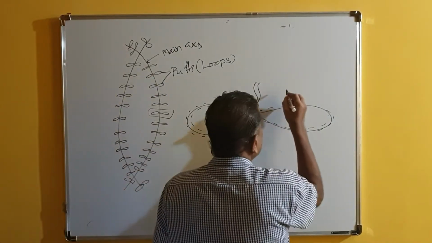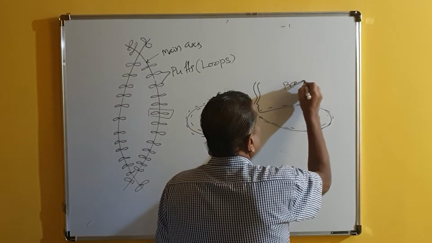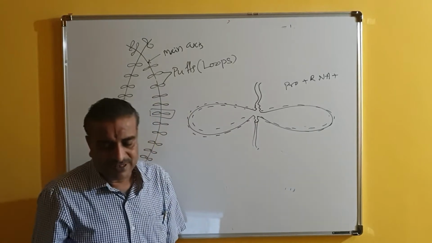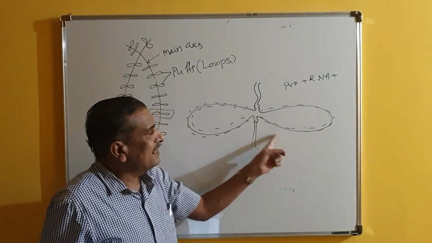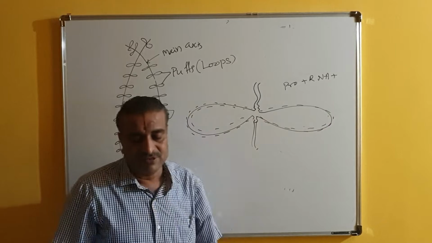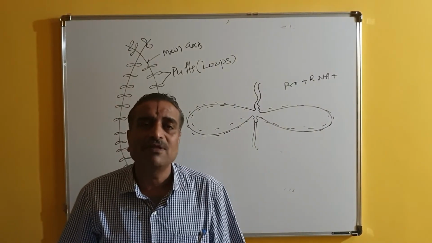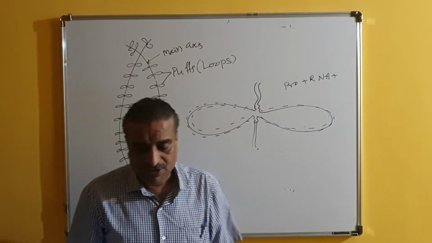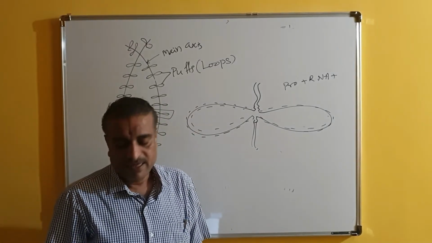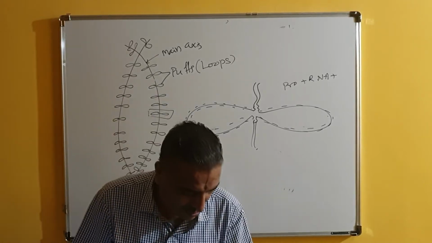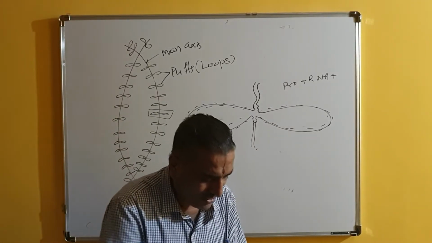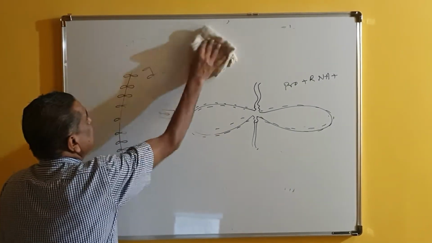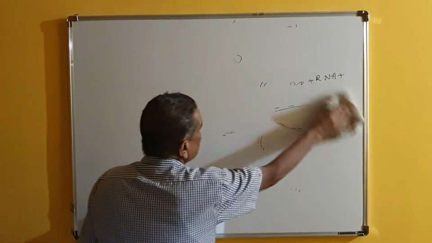They contain the matrix and are rich in RNA synthesis and protein biosynthesis. Such loops help the organism synthesize protein, and are found chiefly in the oocytes of amphibians. So I have told you two types already: lampbrush chromosomes and polytene chromosomes.